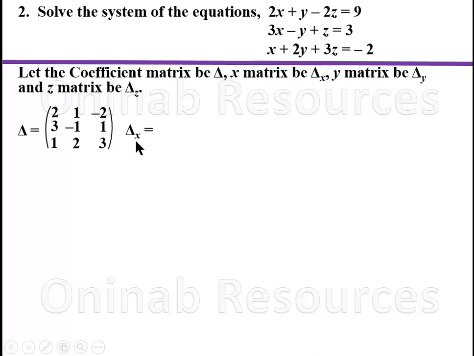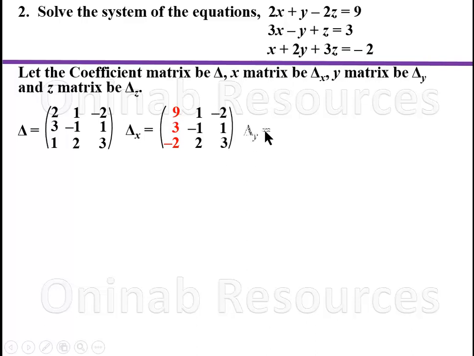So to get the delta x, which is the x matrix, we remove the first column, which is the collection of the coefficient of x, and replace it with the constant column, which is 9, 3, and negative 2. So we have a 9, 3, negative 2, and we still maintain the remaining 2 columns. So that's 1, negative 1, 2, negative 2, 1, 3.